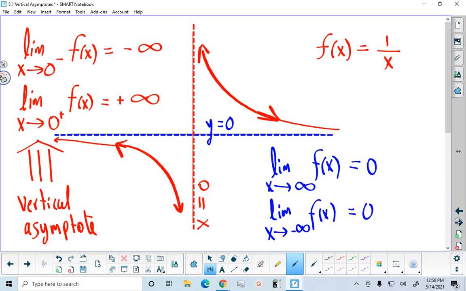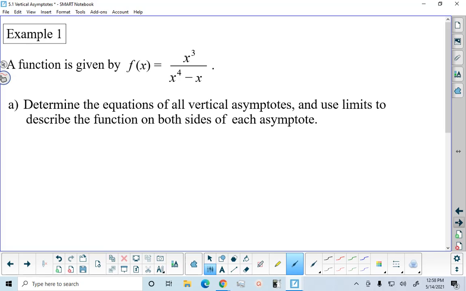All right, so a function is given by f of x equals x cubed over x to the 4 minus x. Determine the equations. Look at what we have to do. Find the equations of all vertical asymptotes and use limits to describe what the graph is looking like on both sides. Well, the first thing you want to do is express this function in factored form.